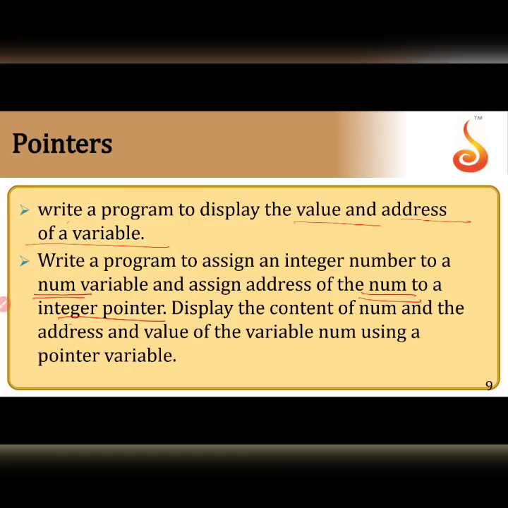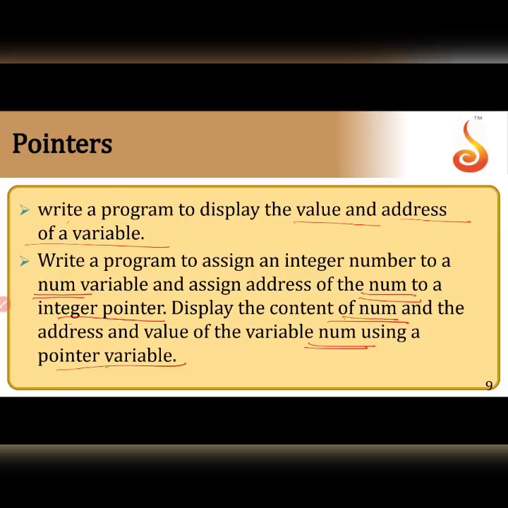Okay. Display the content of num. Content means the value of num, and the address and the value of the variable num using a pointer. So you need to display the content of num by using the variable num. Also you need to display the value and the address of the variable num using the pointer.